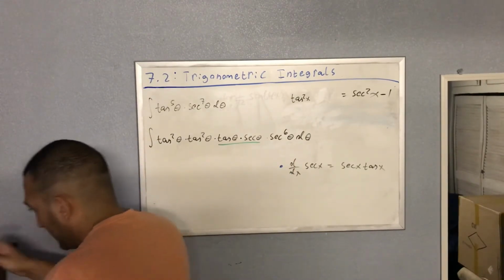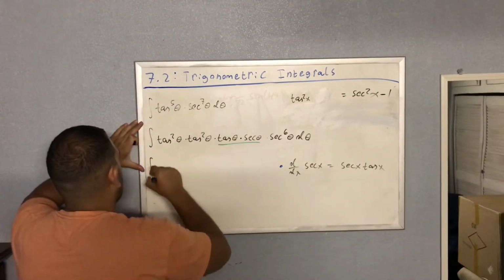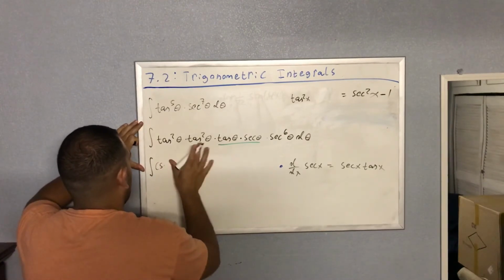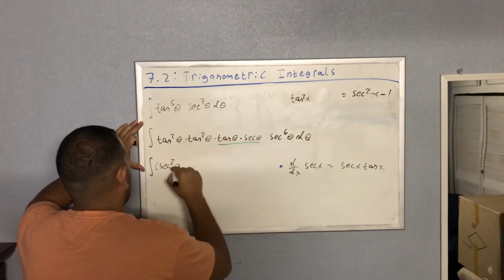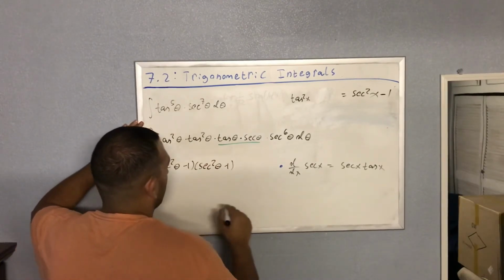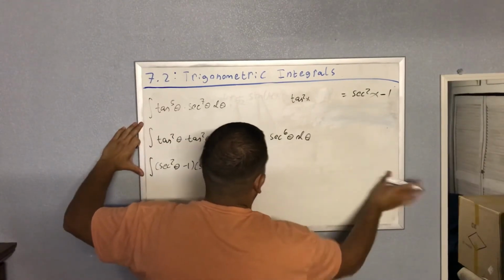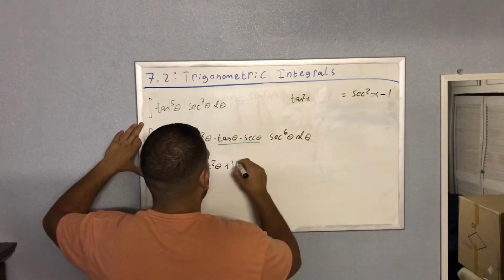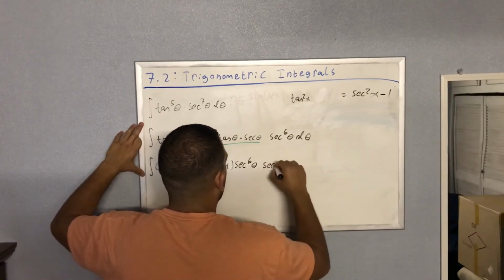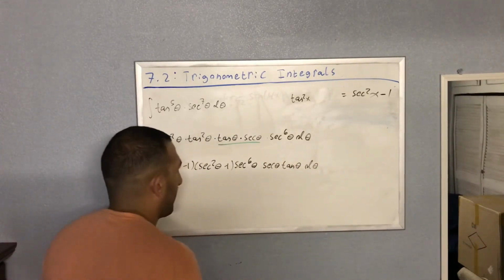So now we'll have the integral of secant squared theta minus 1 times secant squared theta minus 1, and then I'll write the secant to the 6th here, and our nice factor secant theta tangent theta I'll write at the very end.